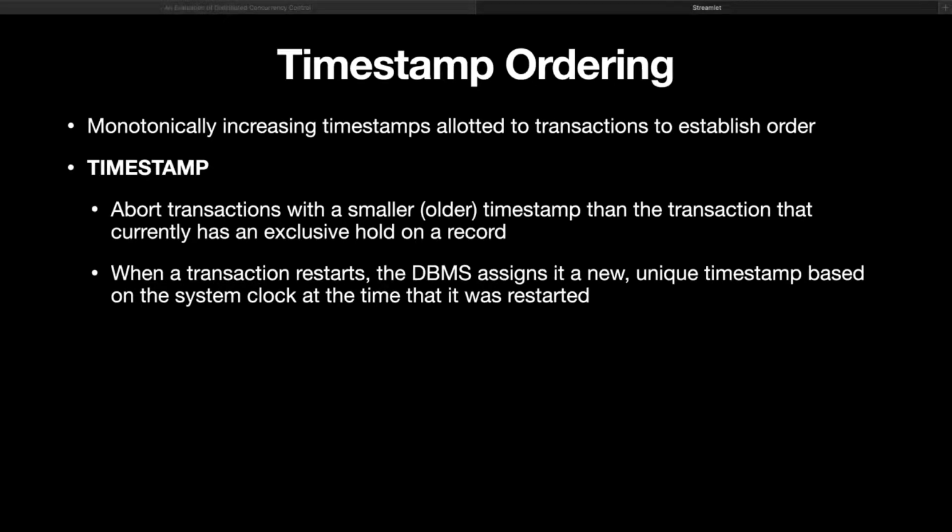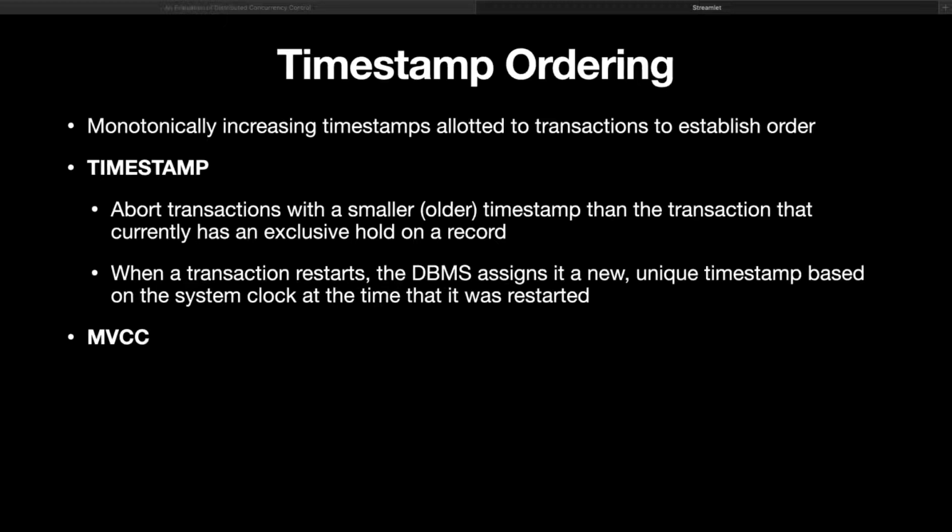Unlike the previous wait-die protocol, the transactions are not allowed to jump the queue in any case. When a transaction is aborted and restarts, it gets a new timestamp. So there is a continuous allotment of higher timestamps, and if the timestamp is older, those transactions get aborted, and so on.